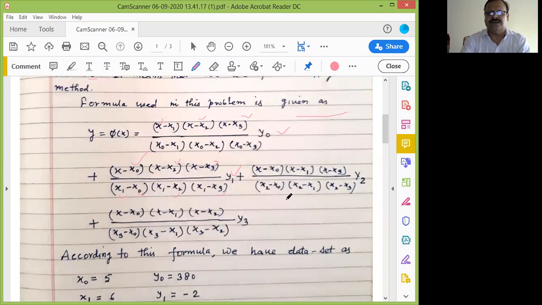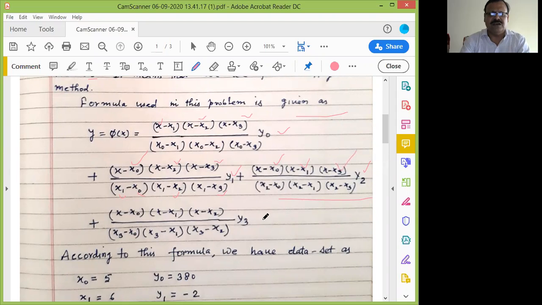Similarly, y2: x2 minus x naught, x2 minus x1, x2 minus x3, and in the numerator x2 is left out, so x minus x naught, x minus x1, and x minus x3.